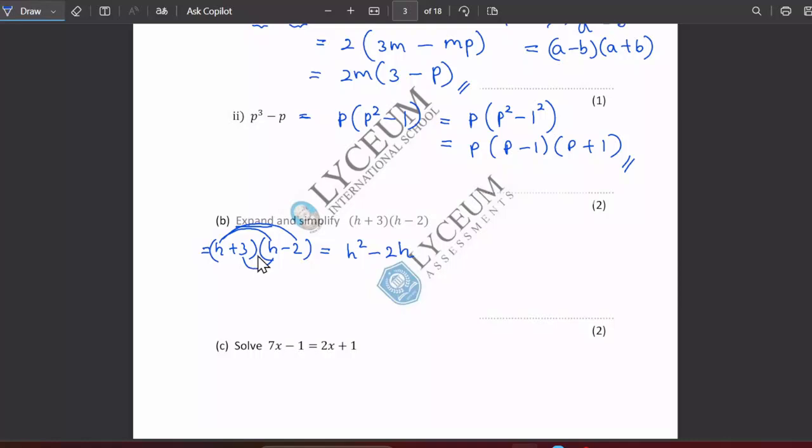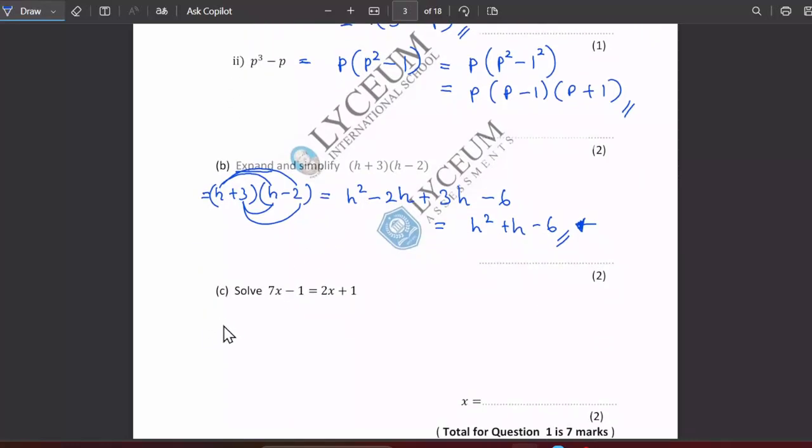Then with this other 3h minus 6. Okay. Now we can write h squared plus h minus 6. So this is the most simplified expanded version.